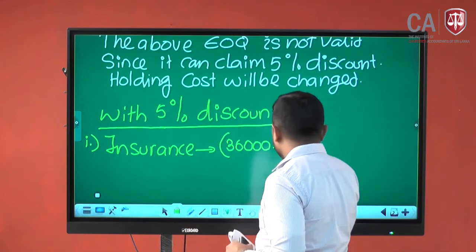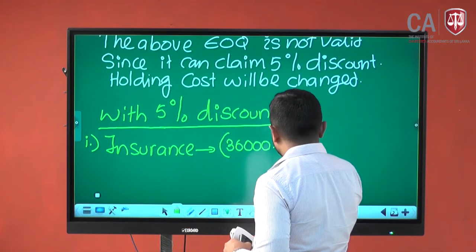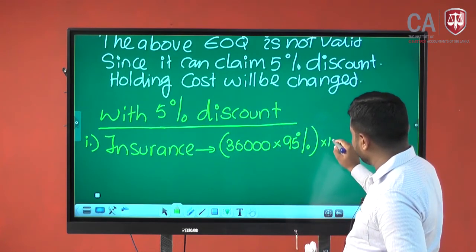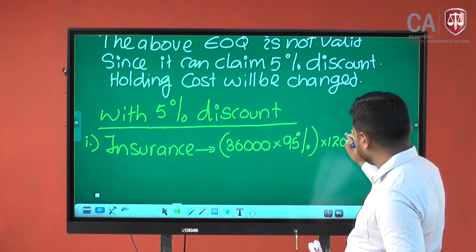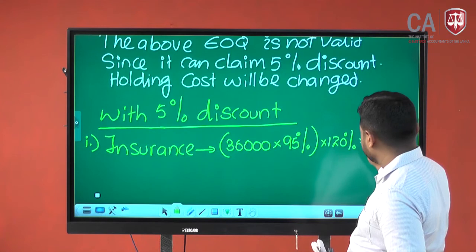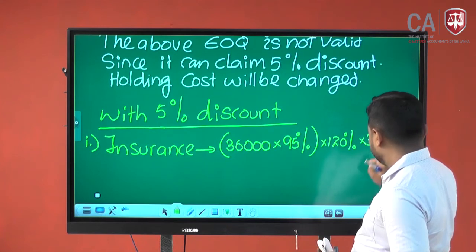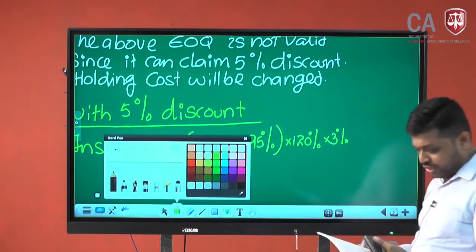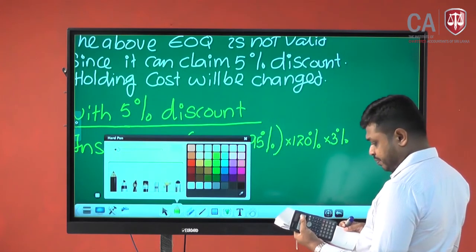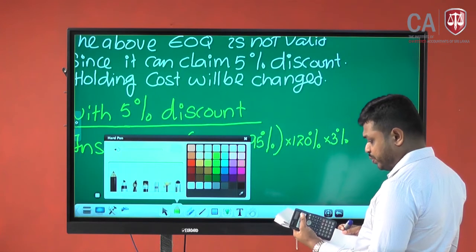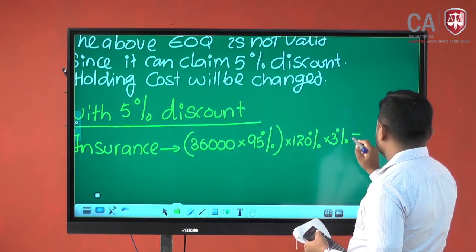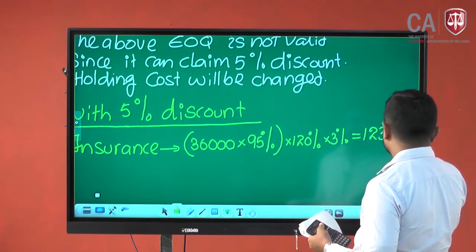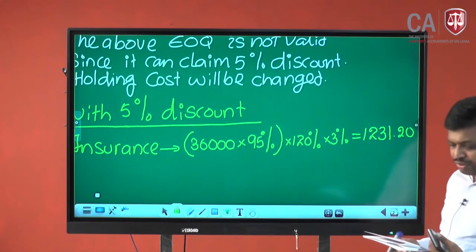That means you have to pay only 95%. Then your purchase price will be 95% of this. Then anyway you will charge 120% when you are determining the premium. Out of this you will charge 3%. Then the value should be how much? The insurance cost should be 1,231 rupees and 20 cents. Warehousing won't change.